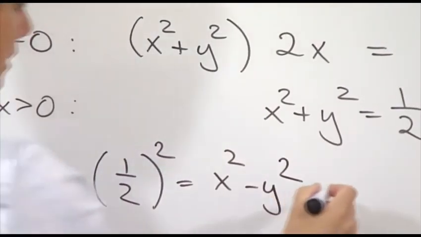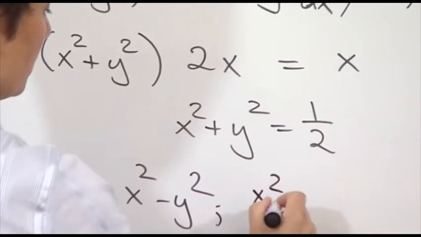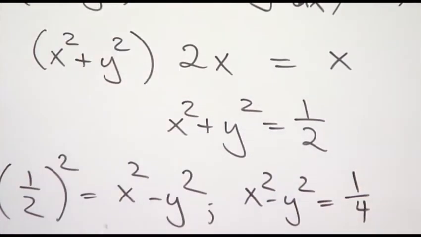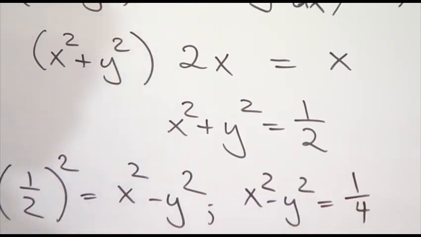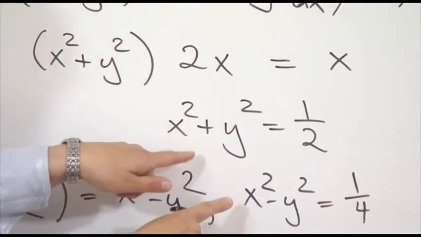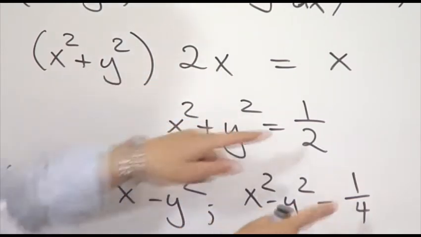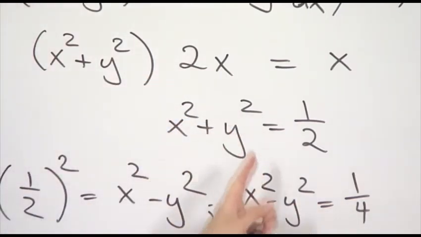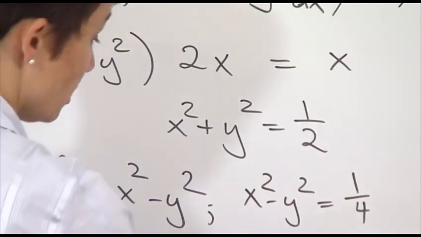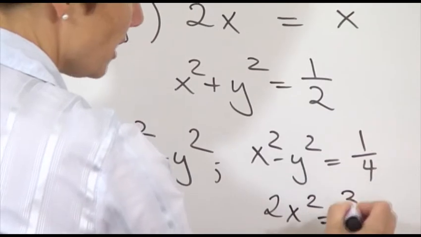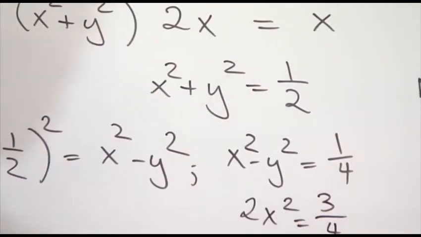So this tells us that x squared minus y squared must be equal to a quarter. So I have these two equations here, and I need to solve them for x or for y. If I add them together at the left-hand side and at the right-hand sides, the y's go away, and I will get 2x squared equals half plus a quarter, that's 3/4.